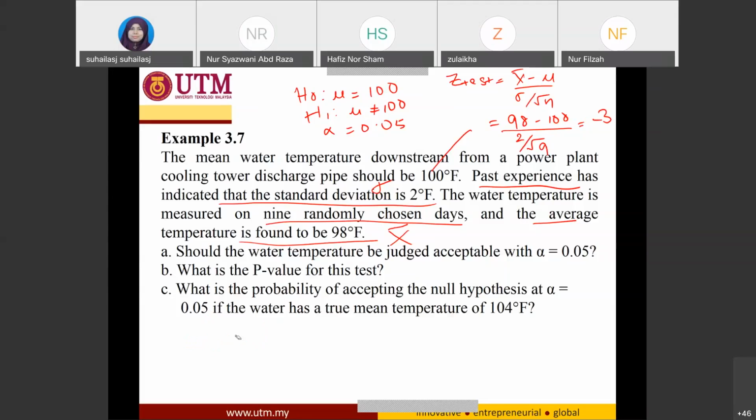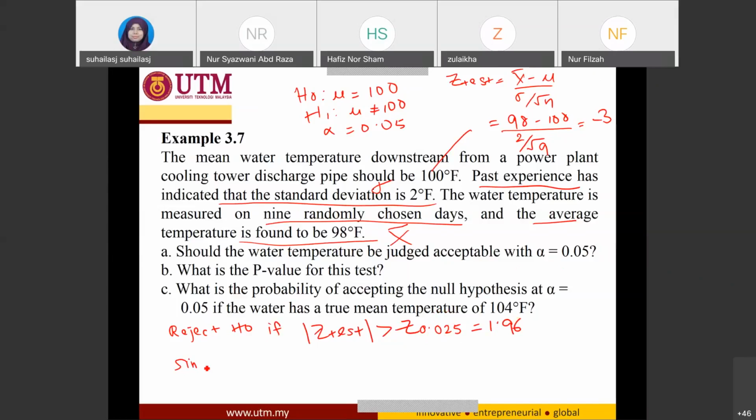Okay, then since this one is two-sided, write down your rejection criteria. So reject H0 if, saya letak modulus sebab dia two-sided, modulus of Z greater than Z alpha over 2. Your alpha is 0.05, so alpha over 2 is 0.025. From your stats table, it should be 1.96. Okay, good. So now you compare.